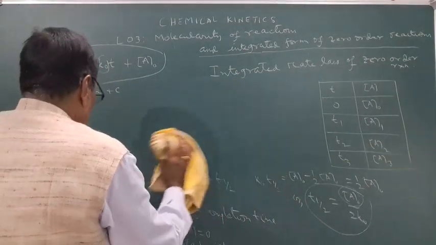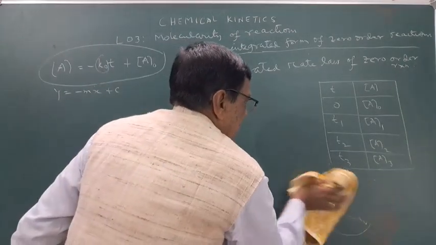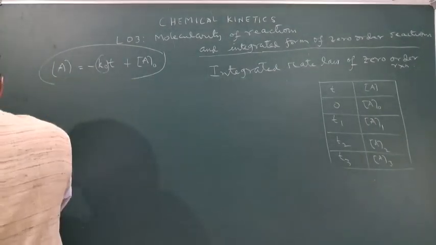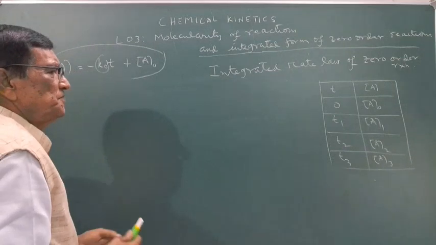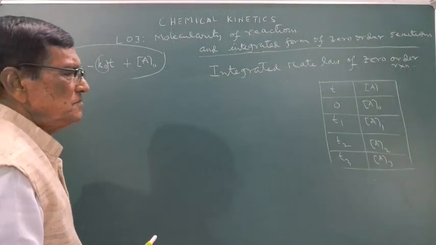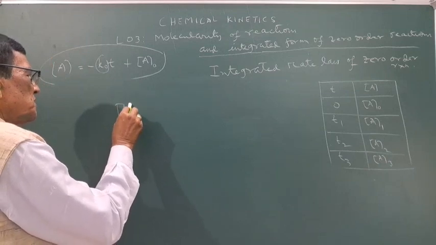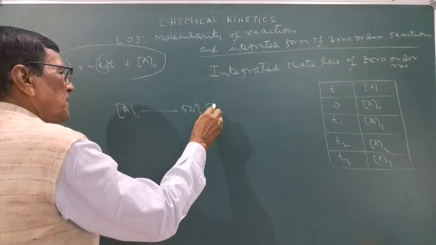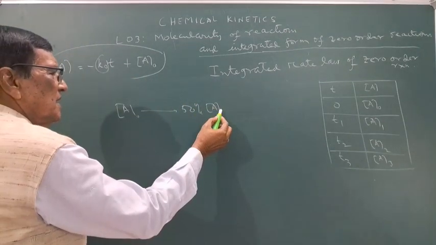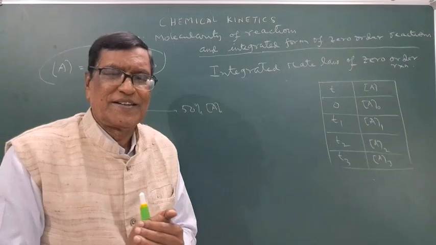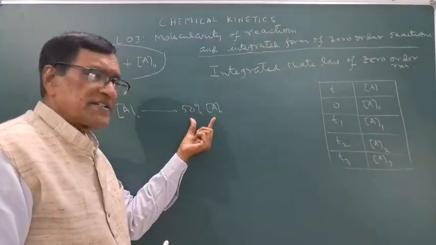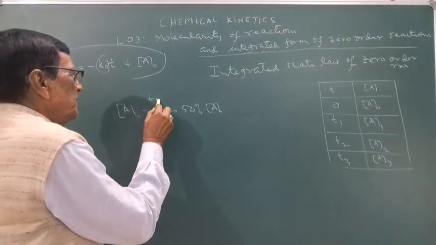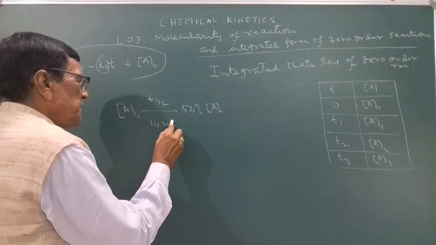One thing I will show you. Suppose here is A naught concentration, and 50% of A naught is there, meaning 50% decomposed. It is the concentration of half of its initial value. So this one is T half. Suppose T half is 10 minutes.